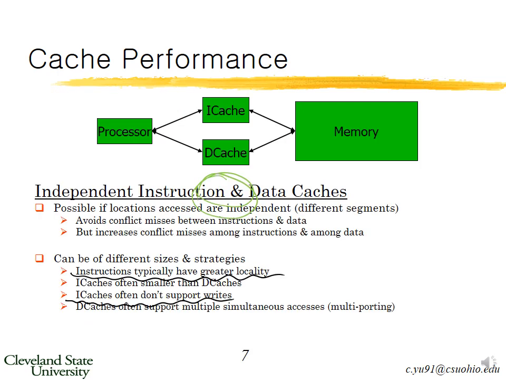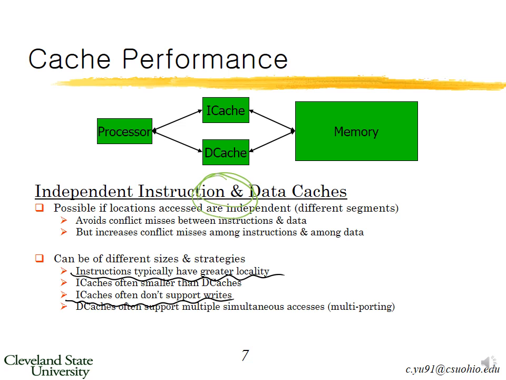Another way to improve the cache performance is instruction cache and data cache separation. Instruction cache has a special characteristic. It usually has greater locality because instructions are usually executed in sequence, and if there is a loop operation, a for loop or while loop, that's typically spatial locality.